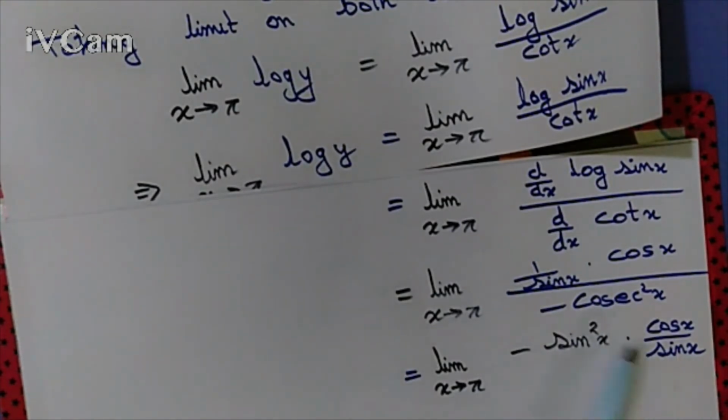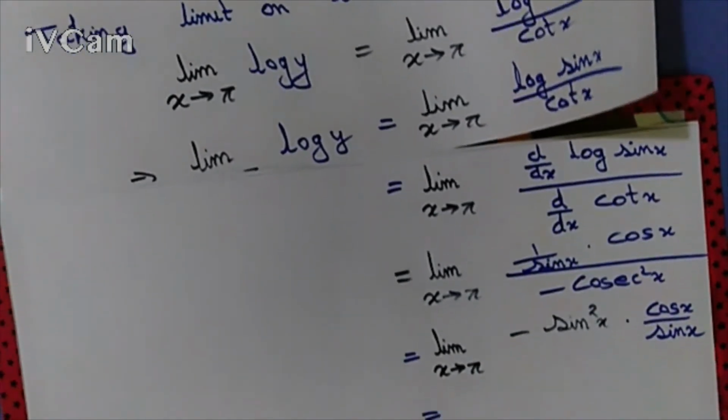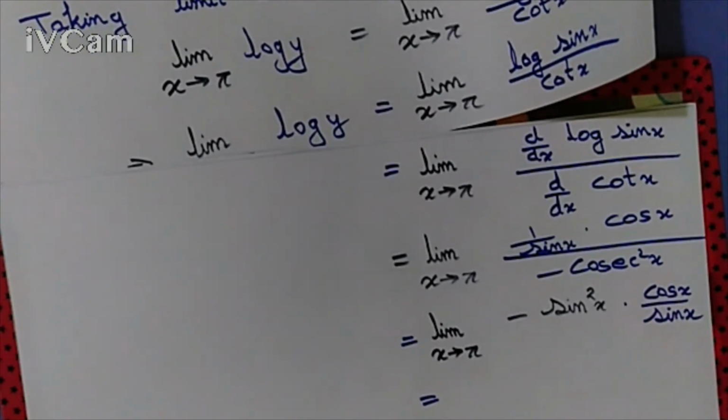We can cancel sin x and sin x, and observe that as x tends to pi, sin x will tend to 0 and cos x will tend to minus 1, so everything will tend to 0.